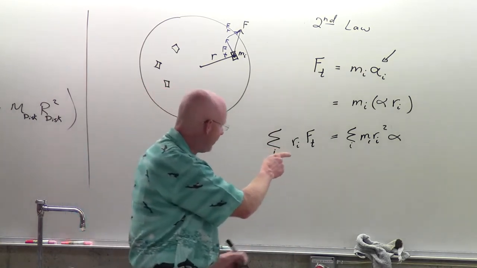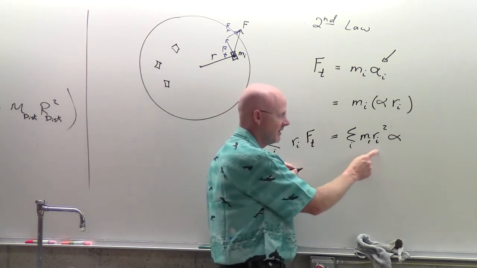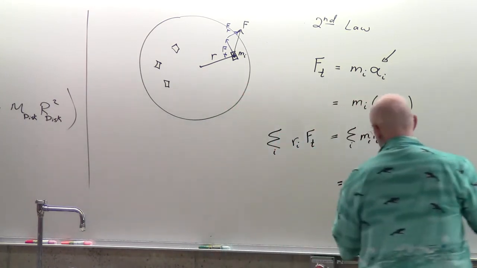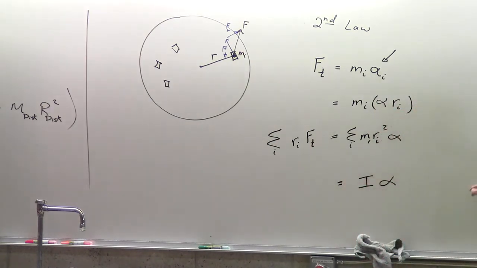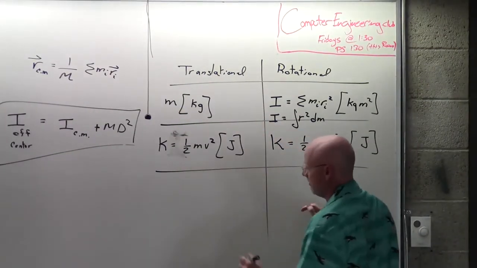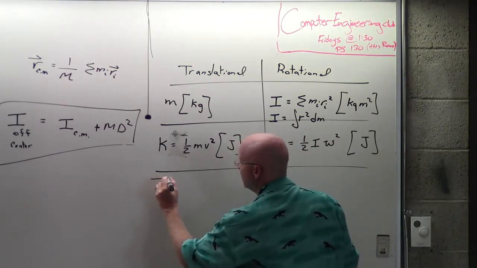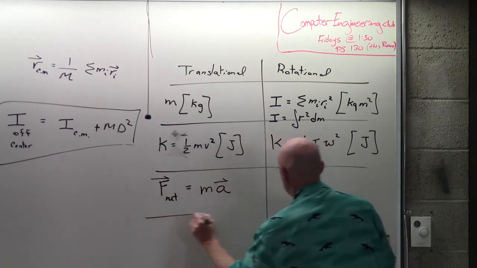What do you get over here on this side? What's this? Isn't this I alpha? Maybe it's worth putting in this chart now. When we did translational motion, we said that the net force is equal to mass times acceleration.